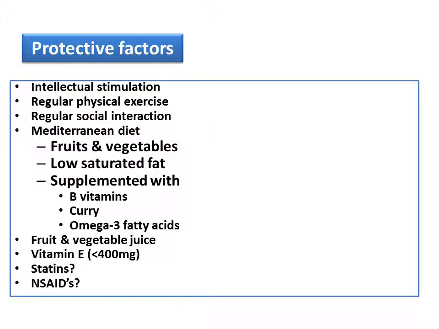Protective factors include intellectual stimulation, regular physical exercise, regular social interaction, a Mediterranean diet with fruits and vegetables and low saturated fat, supplementation with vitamin B and omega-3 fatty acid. Vitamin E could also be protective.